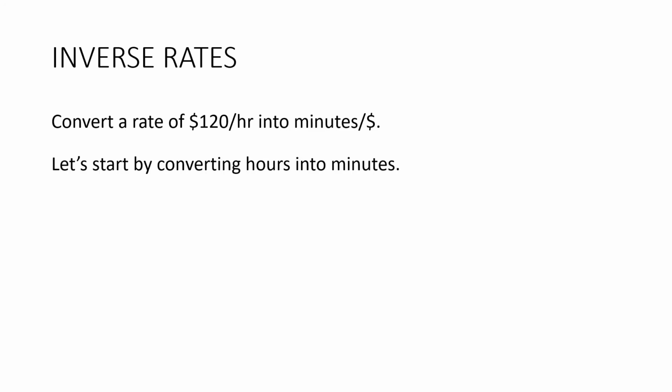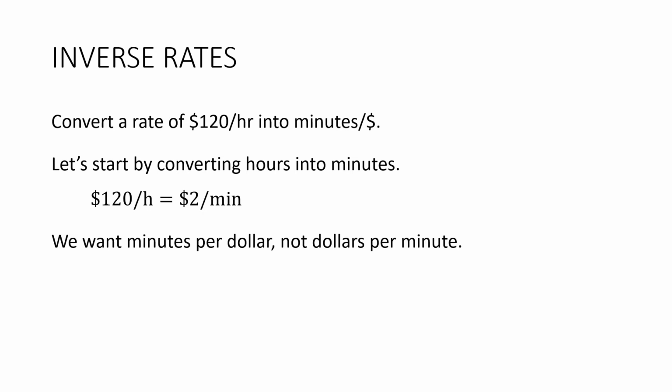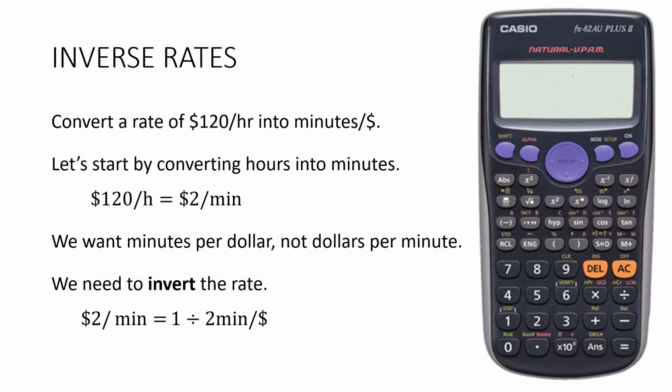Let's start by converting the hours into minutes. So $120 per hour, divide by 60, you're going to get $2 per minute. But we want minutes per dollar, not dollars per minute, so we need to invert the rate. So all you have to do is take this, and you can either do 1 divided by 2, which is the reciprocal, or on your calculator you can use this button here.